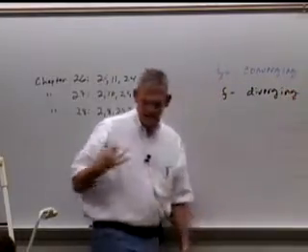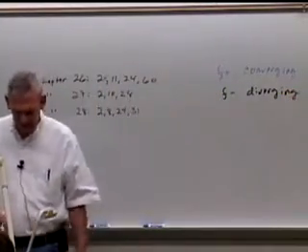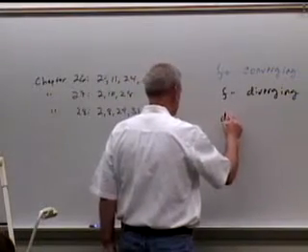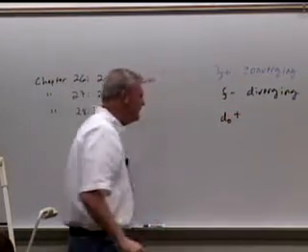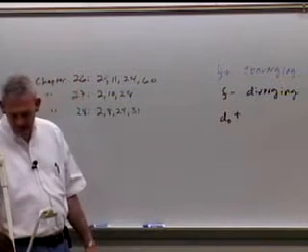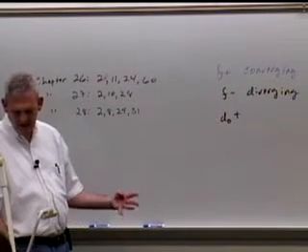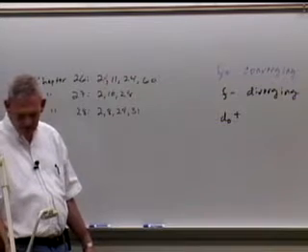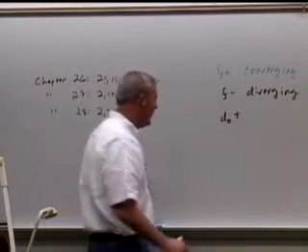Now, here's where it gets a little bit tricky. DO is positive if the object is to the left of the lens, if it's a real object.